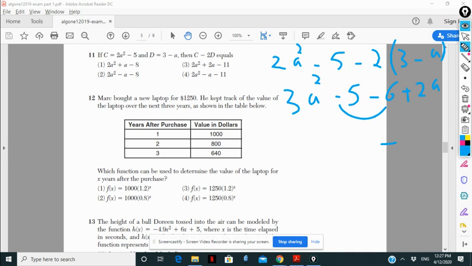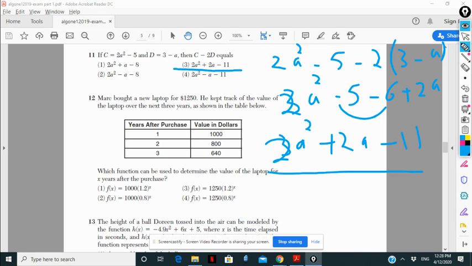So this is going to be negative 11 plus 2a, and that's 2a squared. So it's 2a squared plus 2a minus 11. 2a squared plus 2a minus 11, so the answer is 3.